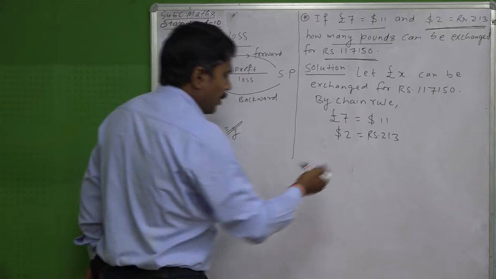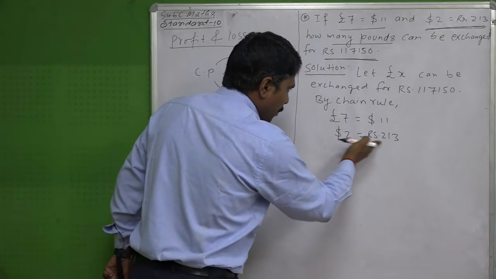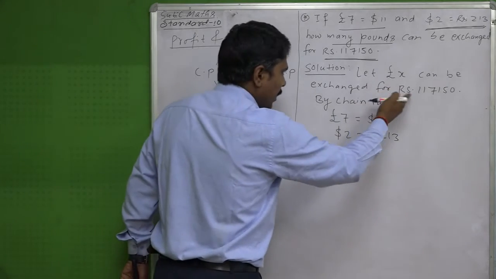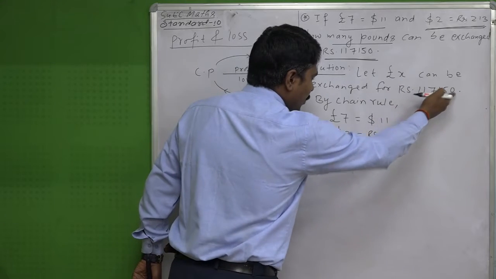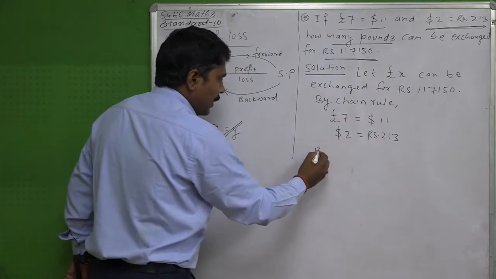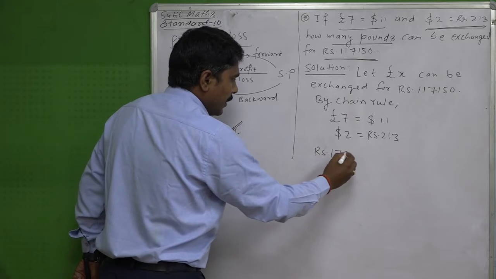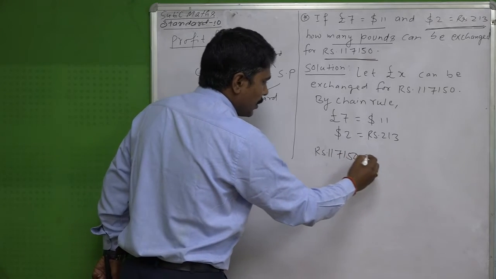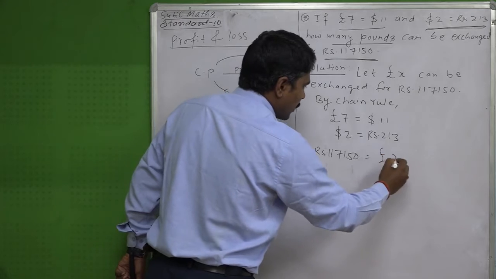And at last here is Nepalese rupees, so you have to write Nepalese rupees 1,17,150 is equal to pound sterling X.